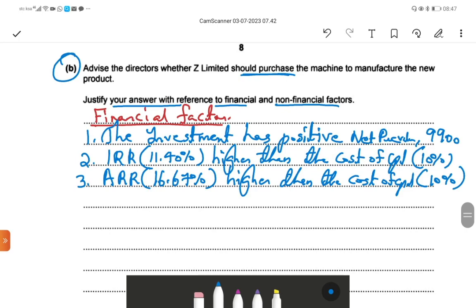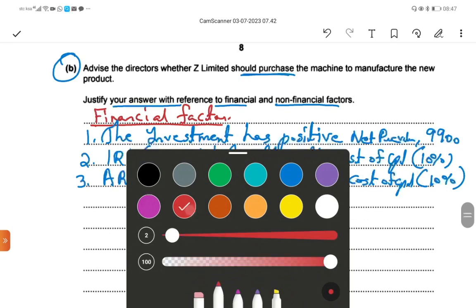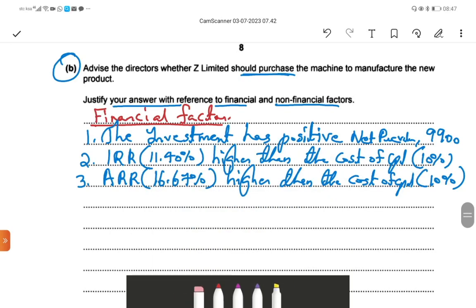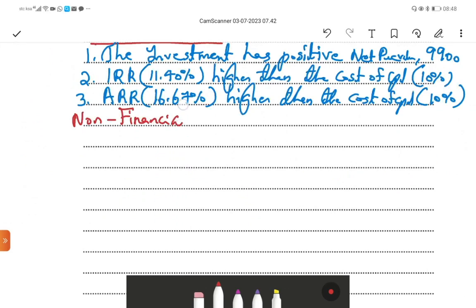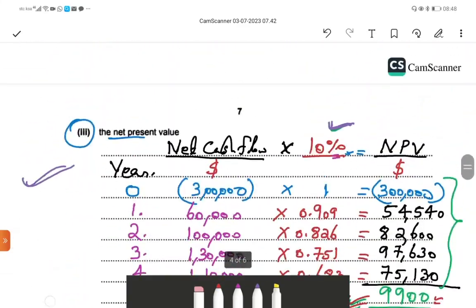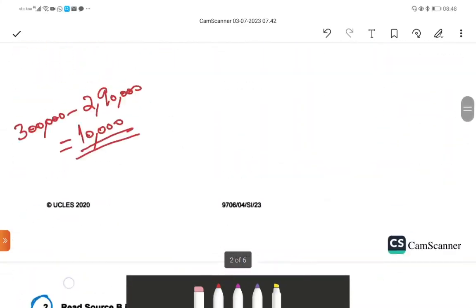Okay, next we have to write the non-financial factor. What are the non-financial factors here? These all are affecting the money. Here the question is clearly saying they need 300,000 and everything.